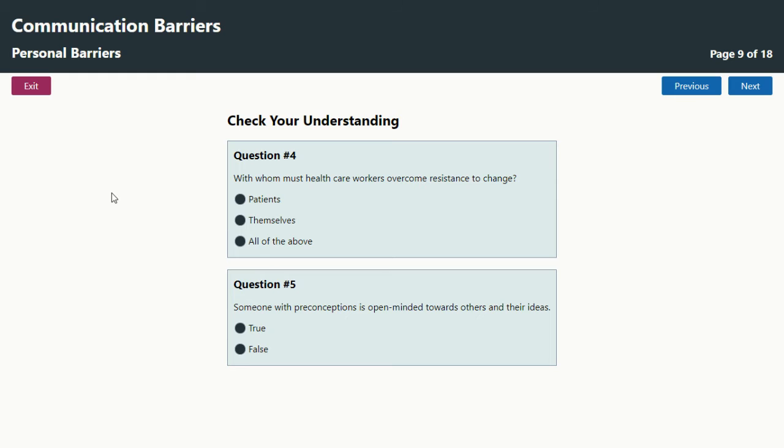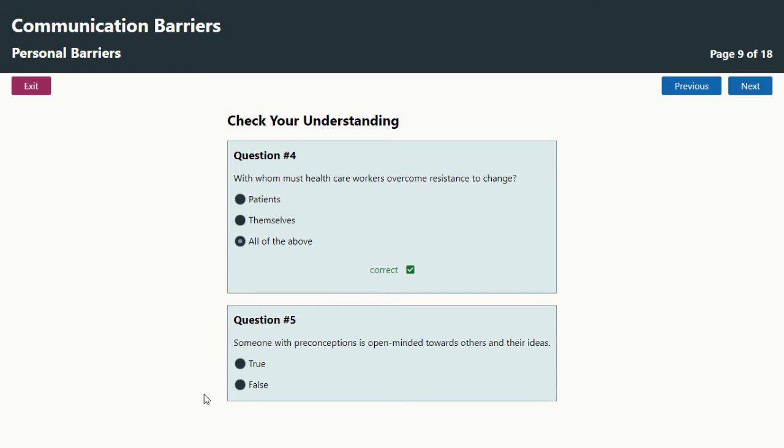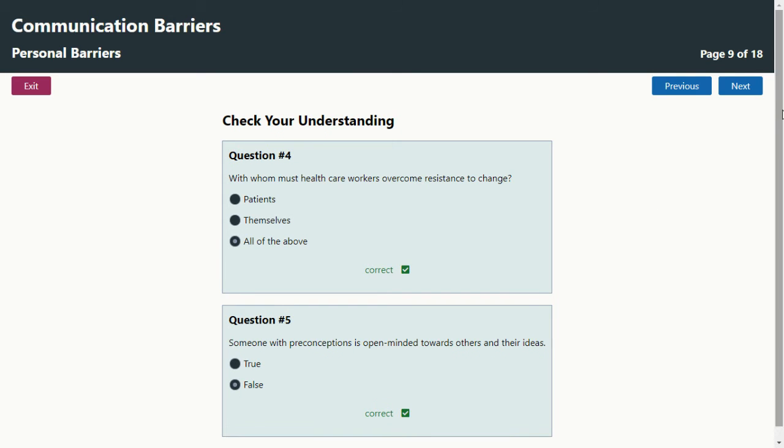With whom must healthcare workers overcome resistance to change? It's going to be all. Someone with preconceptions is open minded towards others and their ideas. It's false.